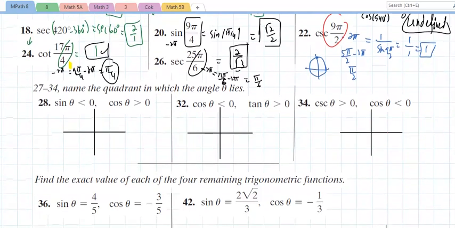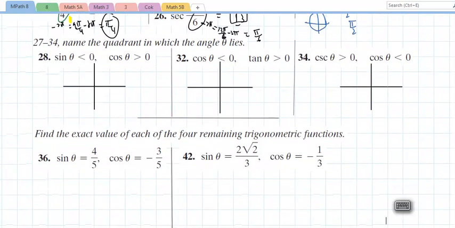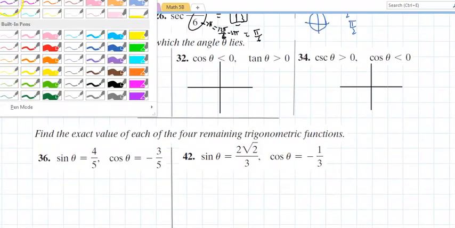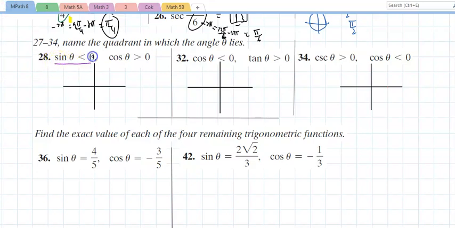One of the biggest issues in trigonometry is figuring out where you are, and this is something that's going to help us determine. If they say the sine is positive, remember, all students take calculus, so sine is positive in quadrant 1 and 2. And if they say sine is negative, less than 0 means negative, negative in those two quadrants.